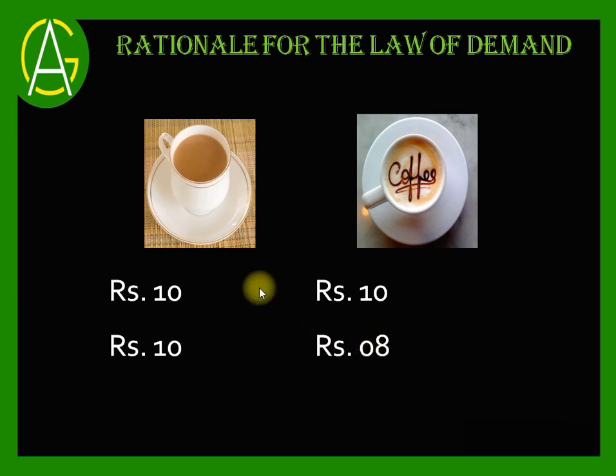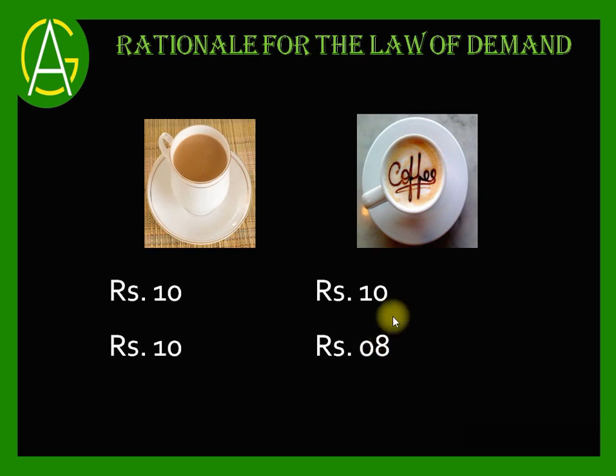So those people who were consuming tea until now, they will shift from tea to coffee because coffee has become relatively cheaper, and when it has become relatively cheaper, the people will start purchasing coffee rather than tea.